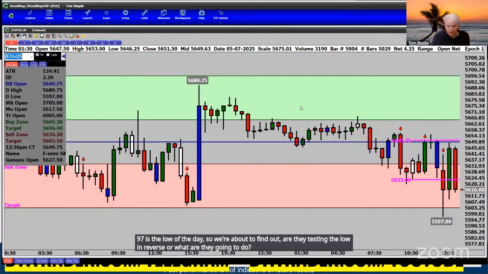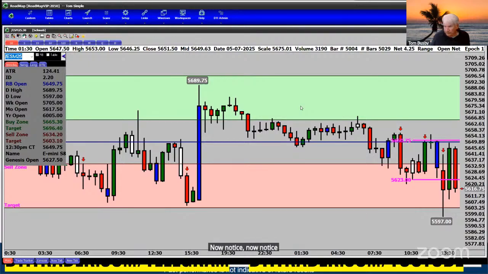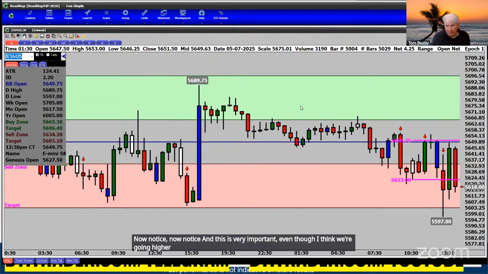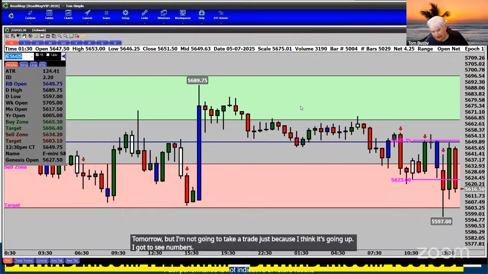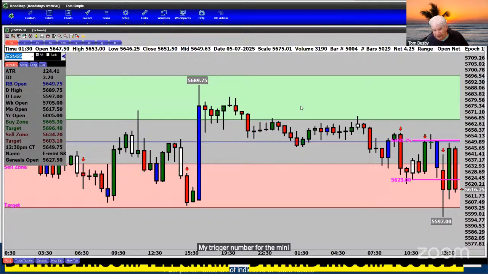Now notice, and this is very important, even though I think we're going higher, it doesn't have to happen this afternoon. It could happen tonight, tomorrow, but I'm not going to take a trade just because I think it's going up. I got to see numbers. My trigger number for the E-mini was 56.55. Does everybody understand that?